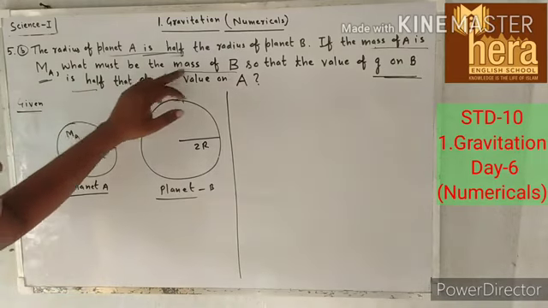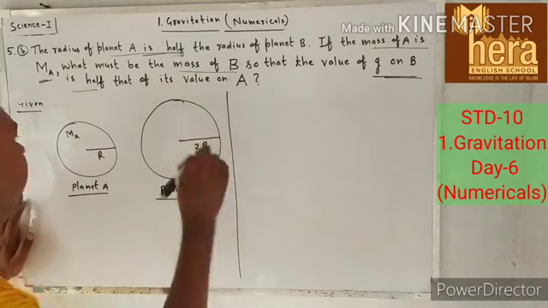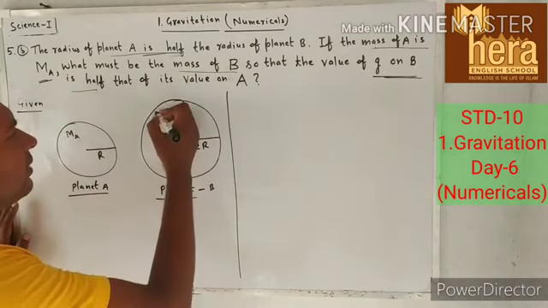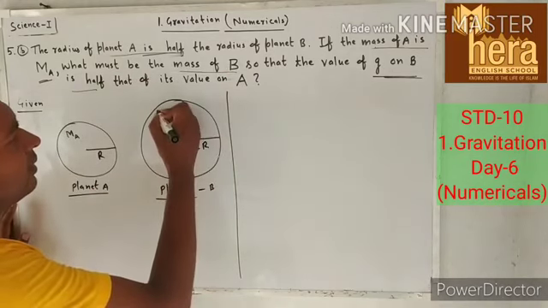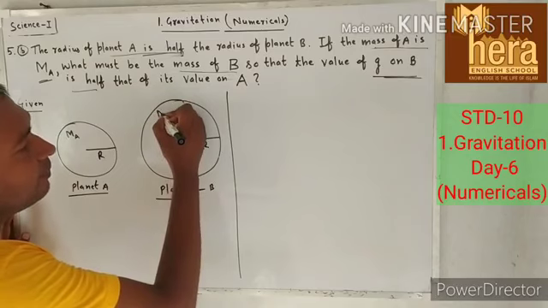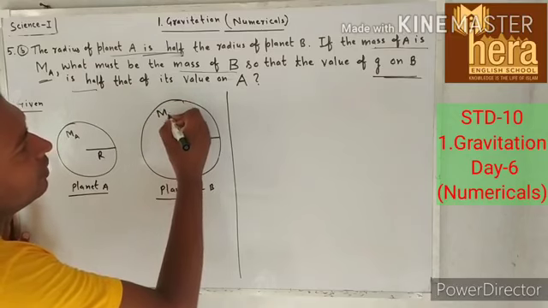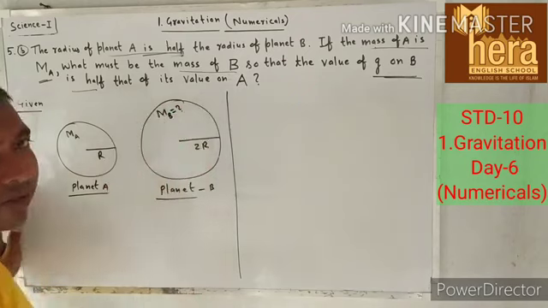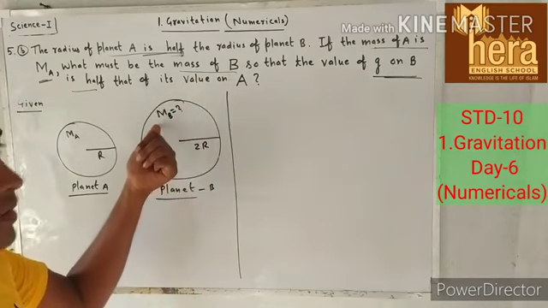What must be the mass of B? So just consider it. We have to find its value. Mass of planet B is equal to question mark. This we have to find.